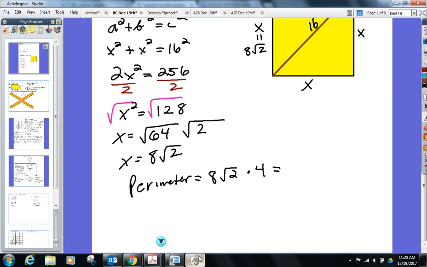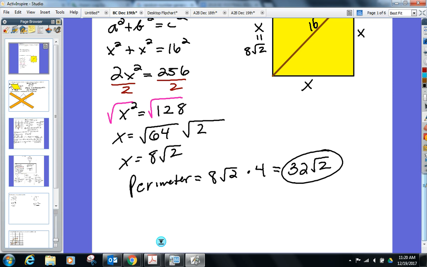Final answer here? 32 square root 2. Yep. Nice job. We all good here?